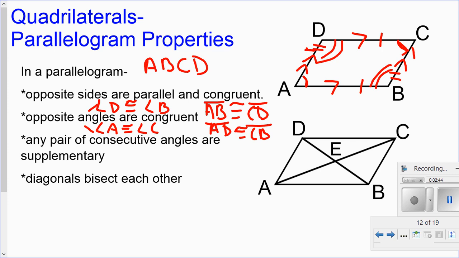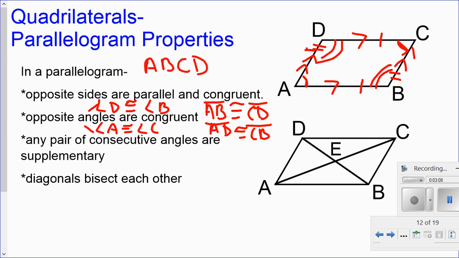Okay, the next thing we know is that any pair of consecutive angles are supplementary. Let's make sure we understand what that means. Consecutive, remember, means that they're in a row, right beside one another. So that means I could, in this diagram, pick out any pair of angles that are right beside one another, or adjacent to one another, and they are supplementary.